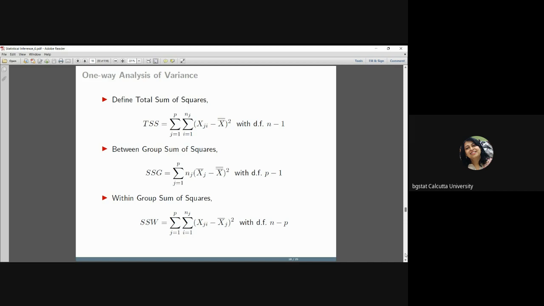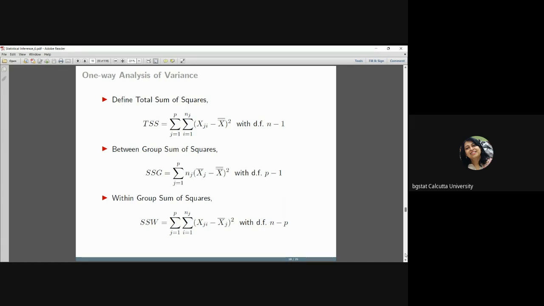The next quantity I need to calculate is what I call the between sum of squares. So this is the sum of p terms, 28 terms for my example. It's like a weighted sum of squared differences. The deviations are xj bar, so this is the mean for the jth state minus x double bar.